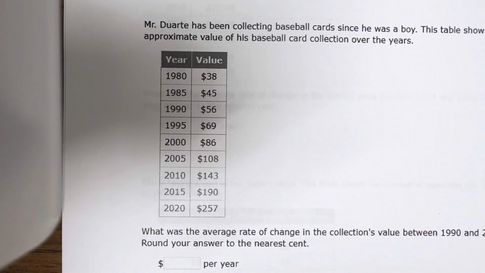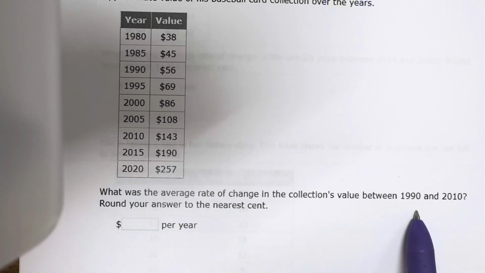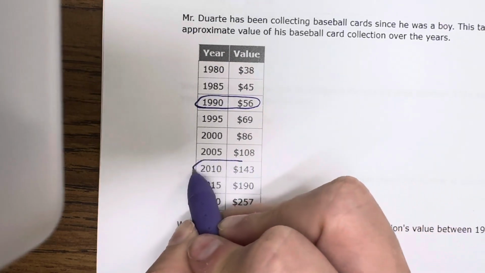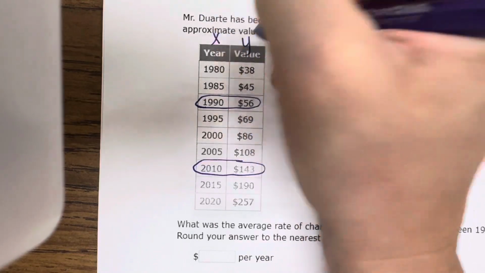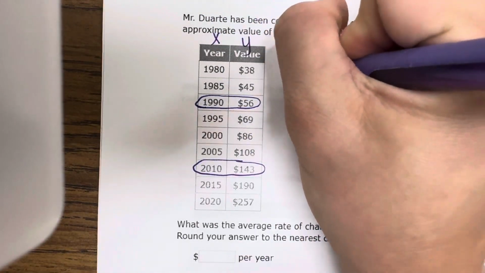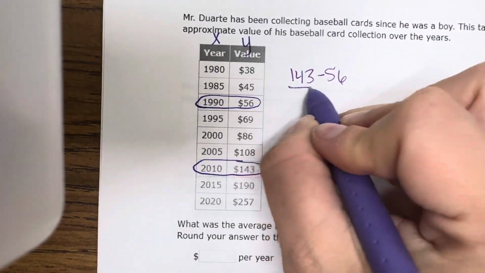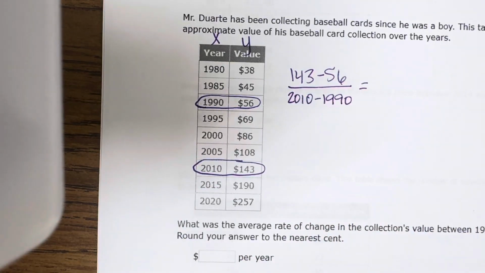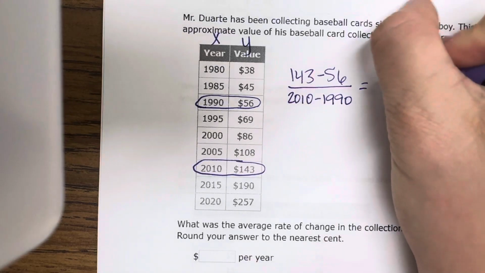Okay, then this is just like kind of what we've done. It's wanting to know the change in collection value between 1990 and 2010. So x, y. So change in y would be 143 minus 56 over 2010 minus 1990. 143 minus 56 is 87.